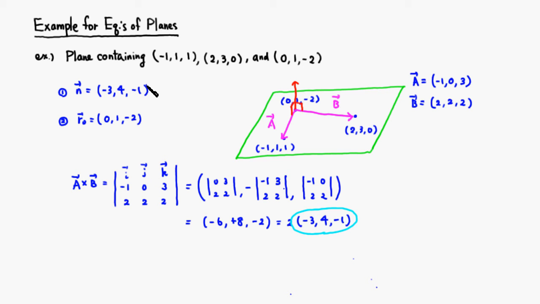Once you know these values, they give us the A, B, and C values, and the point gives us x0, y0, and z0. So the equation would be: A is -3, times the quantity x minus x0, which is 0, so it's just x. Then the next number is plus 4 times y minus y0, and y0 is 1, and minus z minus z0, where z0 is -2, so it's plus 2, equal to 0.